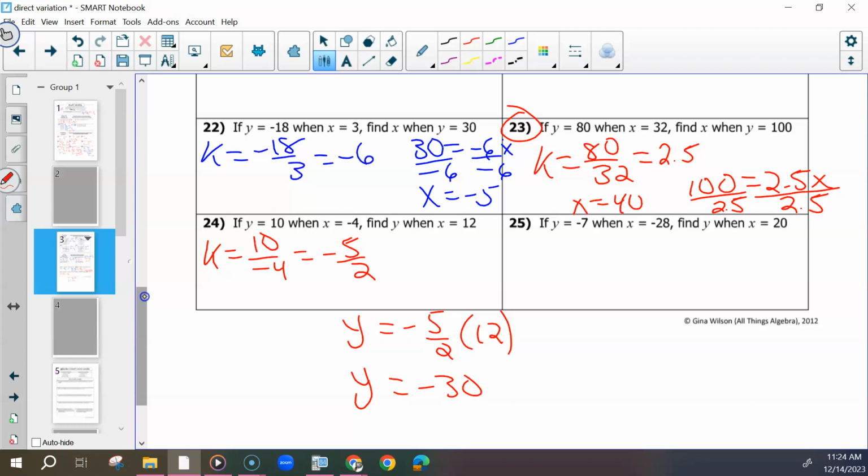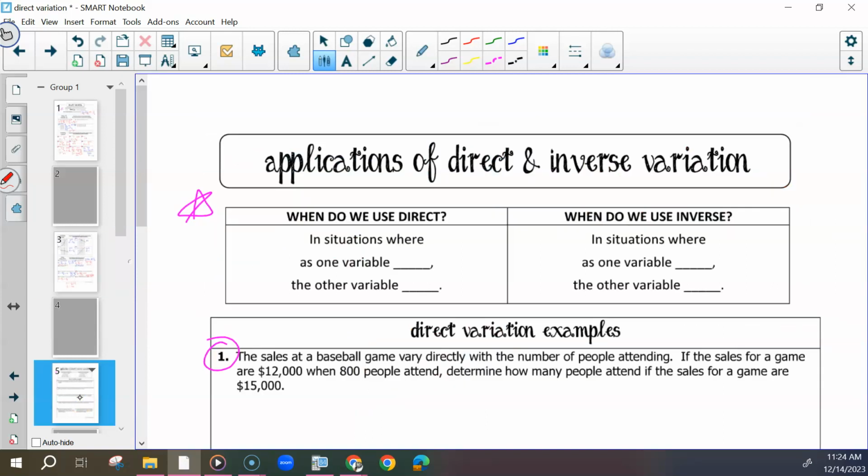Okay. This next part, you're going to see that it's word problems, but don't freak out yet. When we talk about direct variation problems, you have to think about as one variable increases, the other increases.